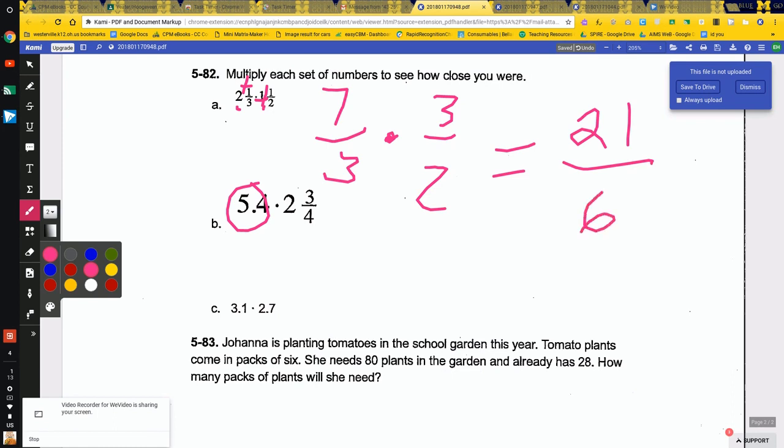How many 6's go into 21? 6, 12, 18. So 3. What's left over would be 3. 3 and 3, 6. Which is equal to 3 1/2.